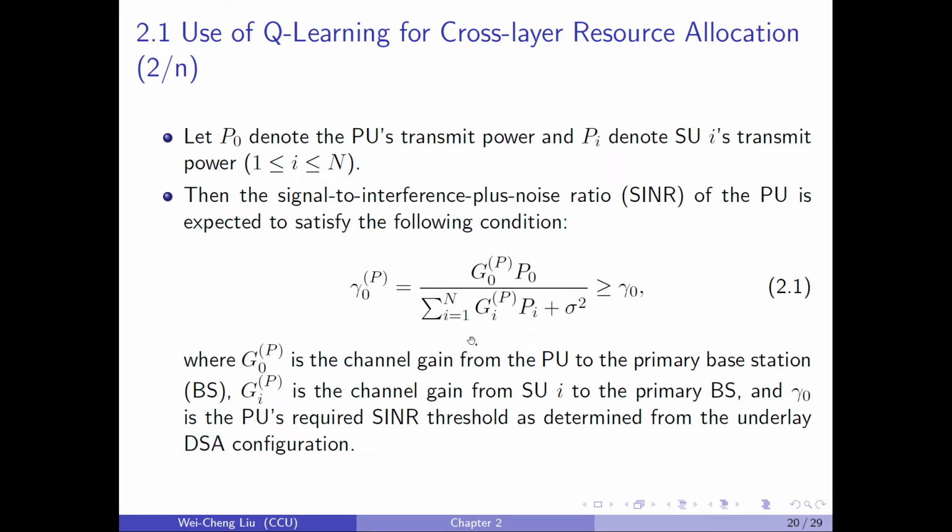And when you see an interference scenario like this, or when you see an equation of an SINR, you must ask yourself a very important question. Who interferes who? That is, who is the subject and who is the object?